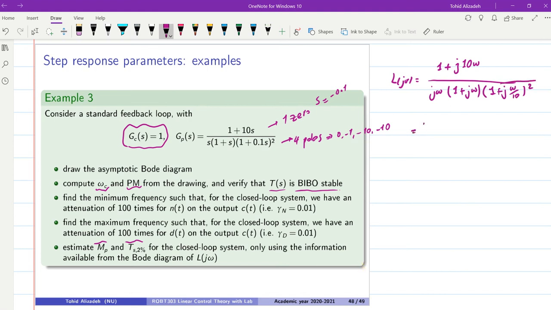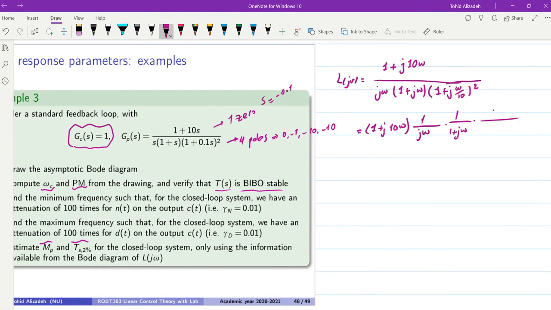So the components that we have here are 1 plus j 10 omega, 1 over j omega, 1 over 1 plus j omega, and 1 over 1 plus j omega over 10 squared.